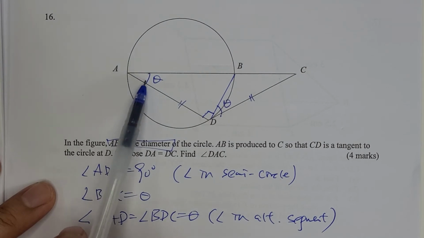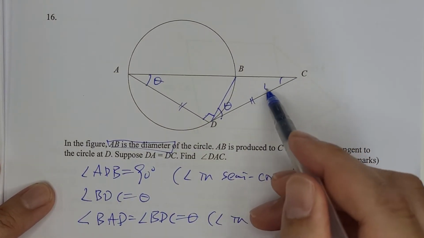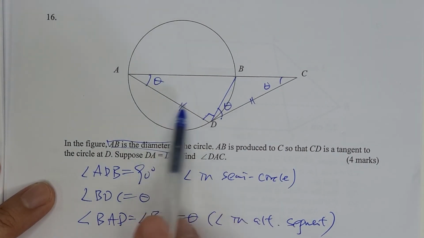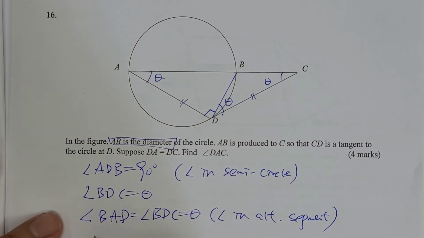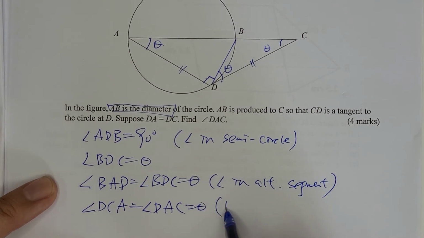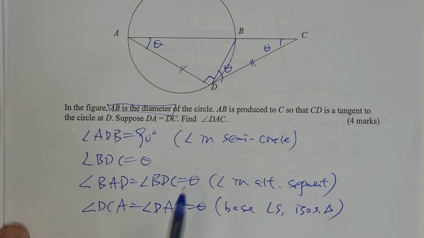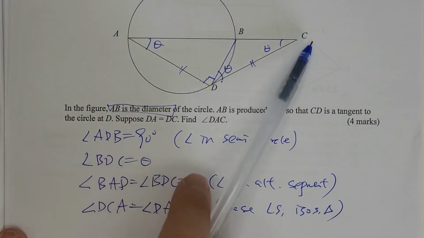But when this is theta, that one, angle ACD, is also theta, right? Isosceles triangle, okay? So angle DCA equals angle DAC equals theta again. Base angles, isosceles triangle. So go back to the big triangle ACD.